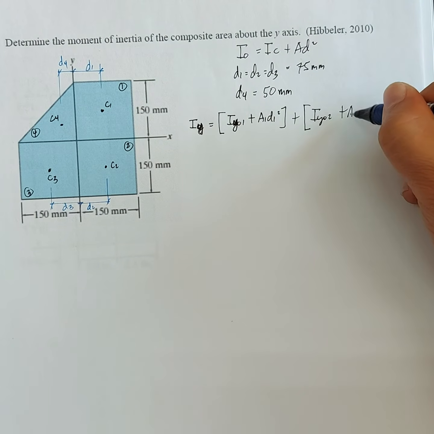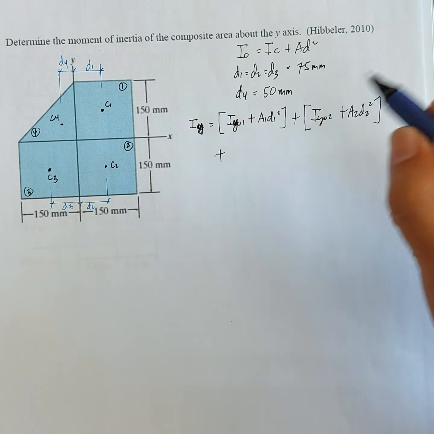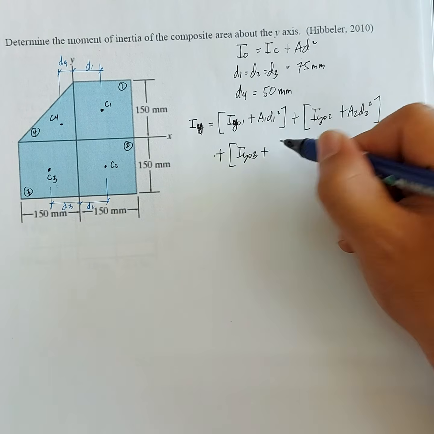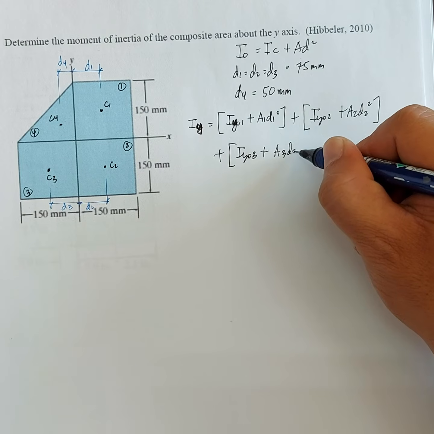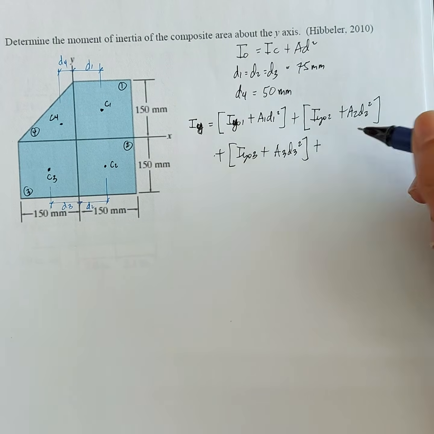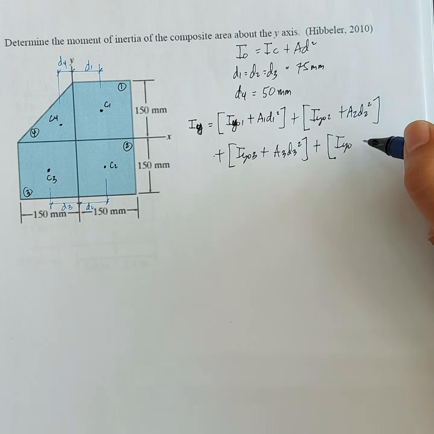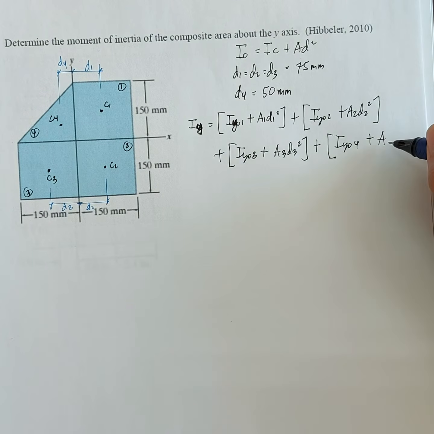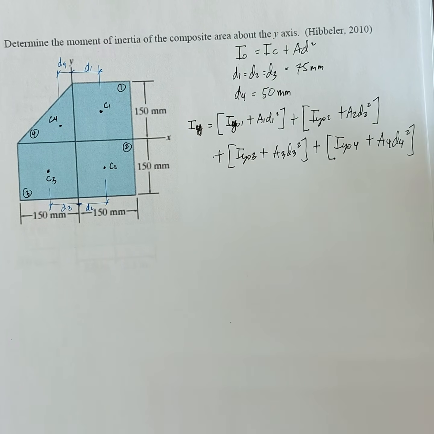IYO2 plus A2 D2 squared plus IYO3 plus A3 D3 squared plus lastly we have IYO4 plus A4 D4 squared. Ayan. So, yun yung working equation natin.